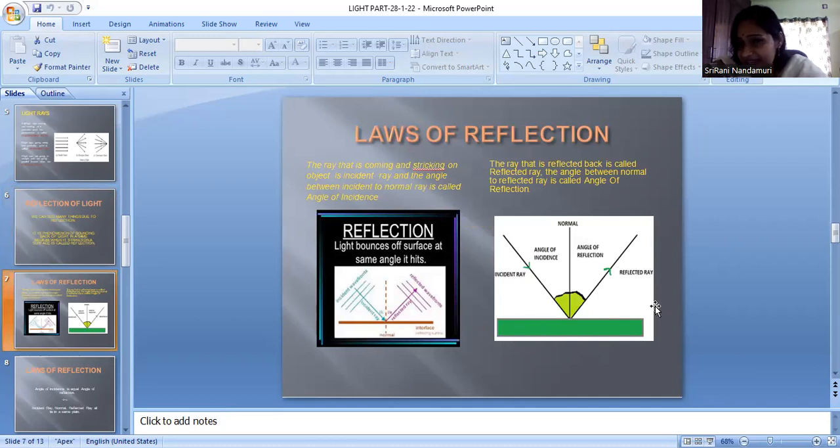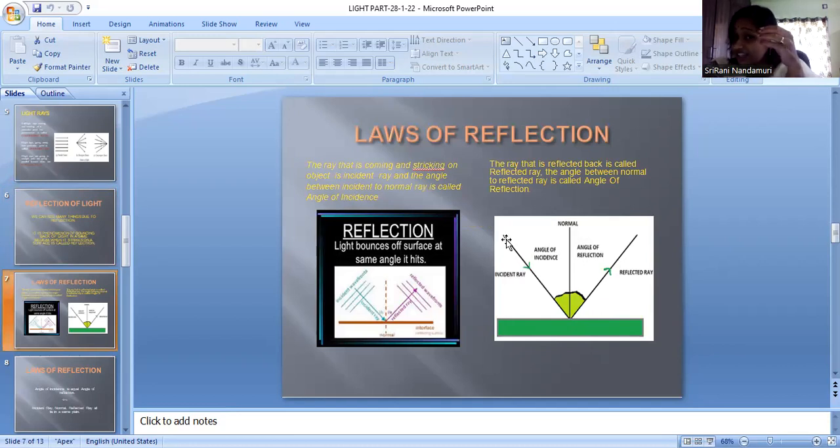This is a green color line. First, imagine this as an object, any object. Suppose I'm imagining this one as a mirror. This is the light ray. See the arrow mark where I kept? That is the light ray.